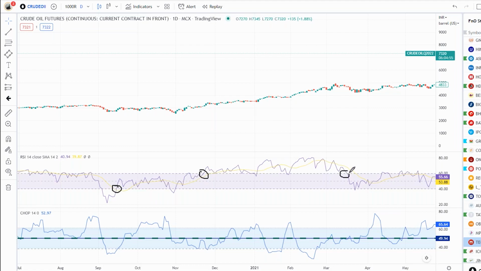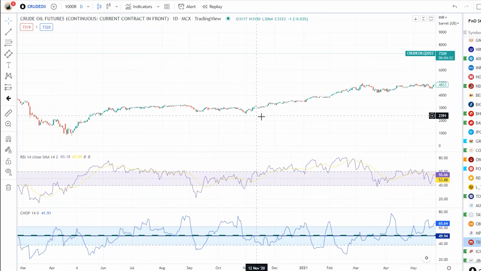When RSI goes below 60 or RSI goes below 40. So these are going to be four scenarios, two scenarios for up move. That means when RSI goes above 40 or RSI goes above 60, those are the scenarios where we buy, and below 60 and below 40 we're going to sell. These are the initiate sell.